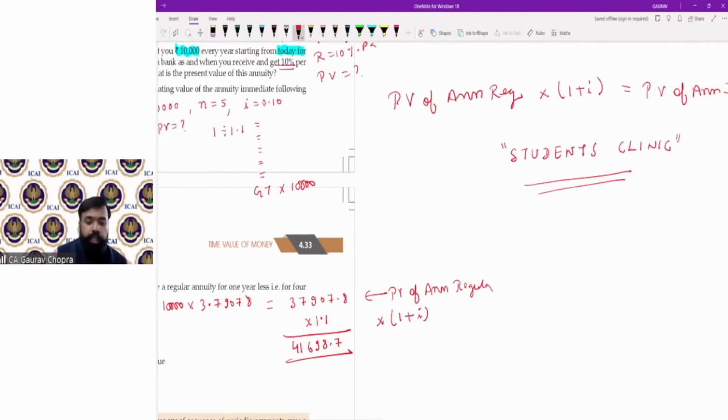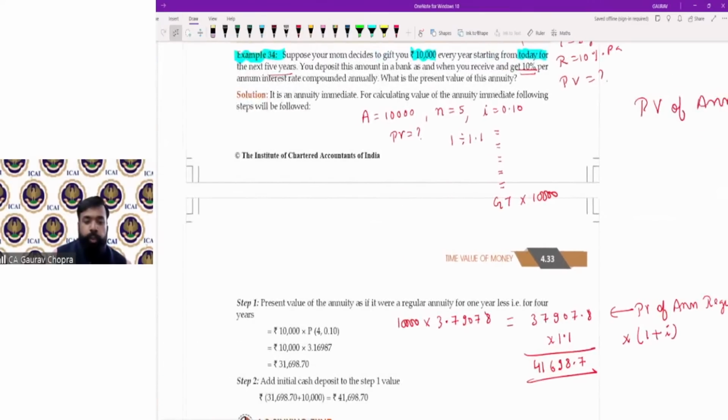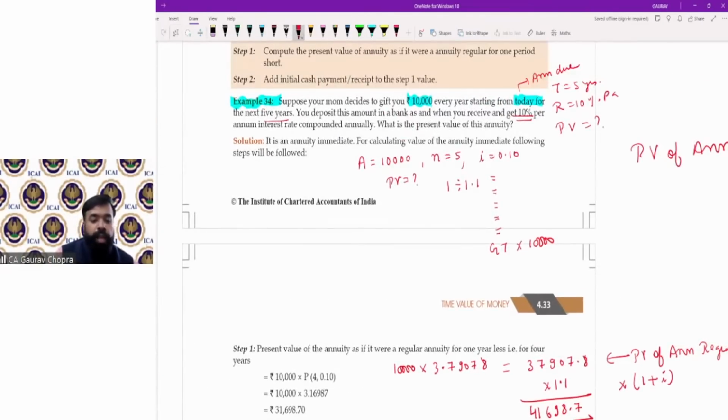Okay. See, in this question, what was given to us? Annuity. Because every time we are receiving 10,000, so annuity is 10,000. Time period is 5 years. Rate is 10%. What was the change? Starting from today, so it is annuity due. So first calculate the present value of annuity regular. 1 divided by 1.1, press equal to 5 times, then GT.